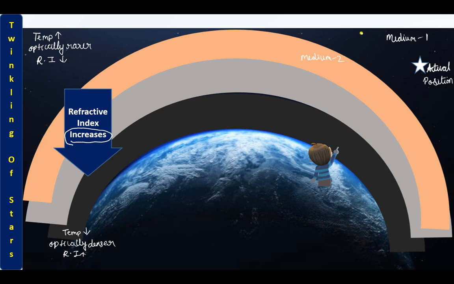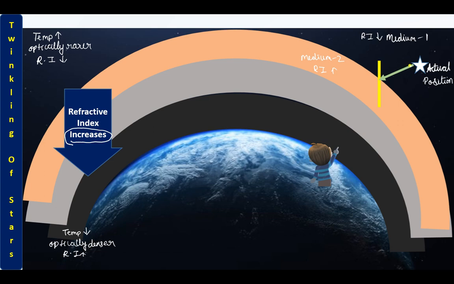We already know that the refractive index of medium 1 is less and that of medium 2 is more. Consider a normal at this surface, and suppose a ray is incident over here like this.